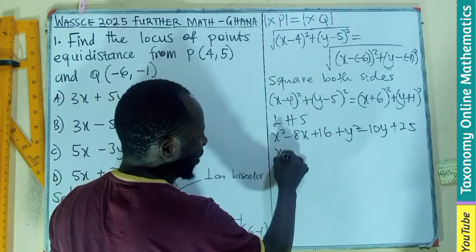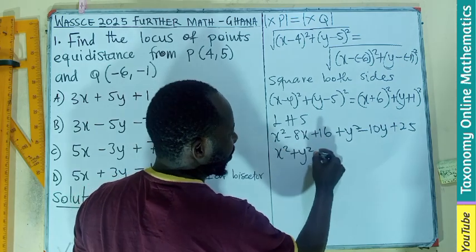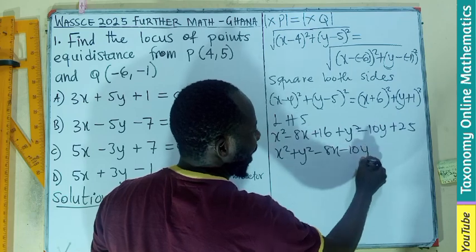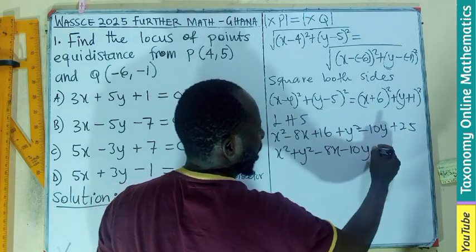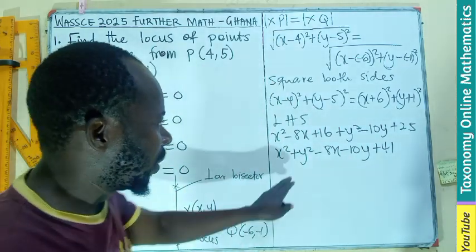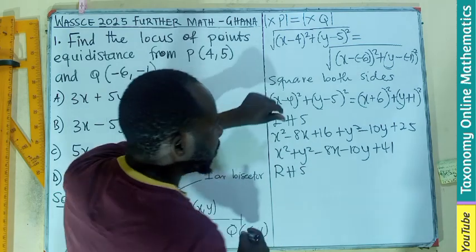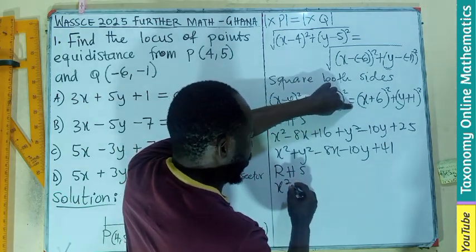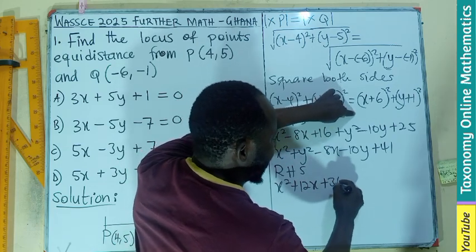I can have my x squared plus y squared, minus 8x minus 10y. This plus this becomes 41. So plus 41. Nothing can be done on this side again. So I go to the right hand side, where you square the first, twice their product, 12x, square the last, 36.